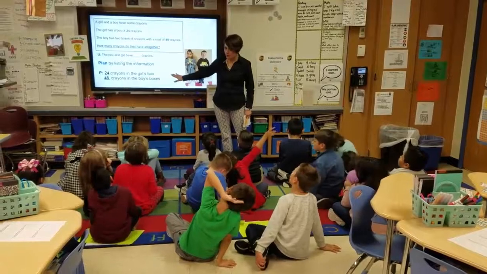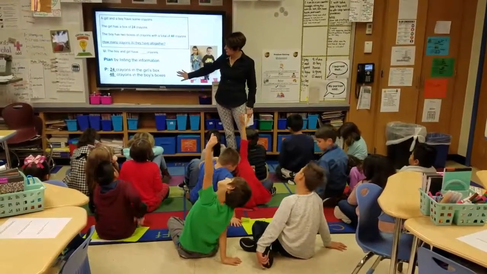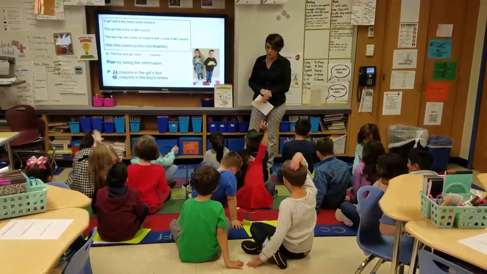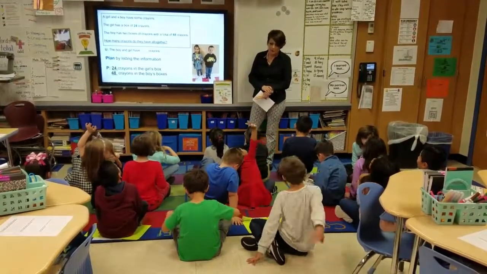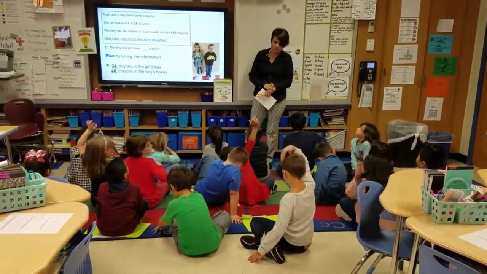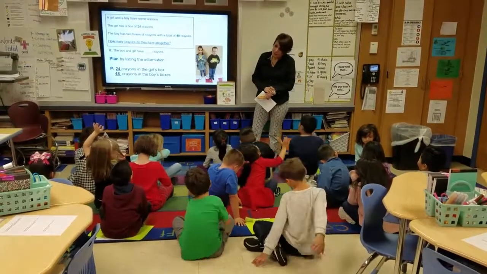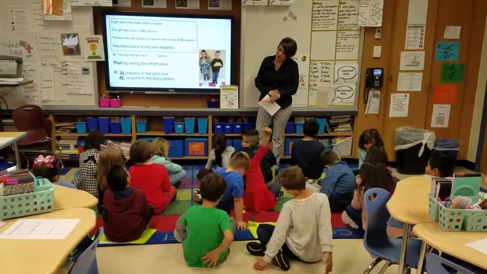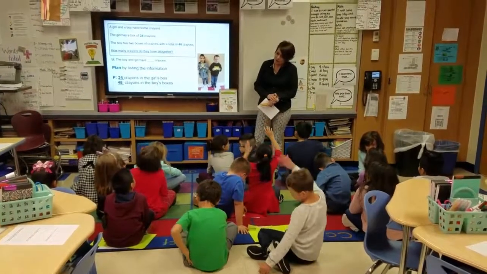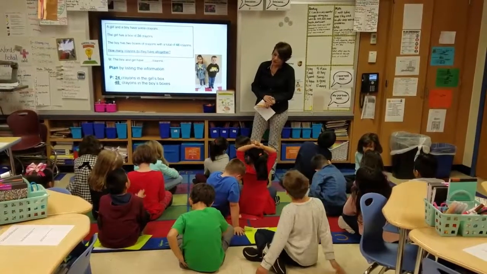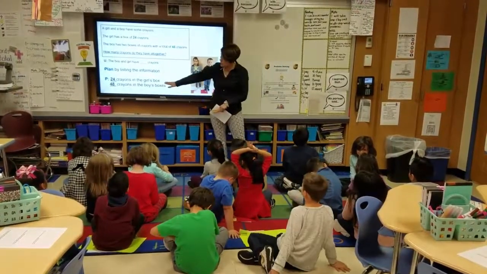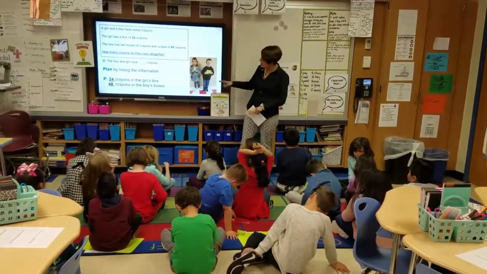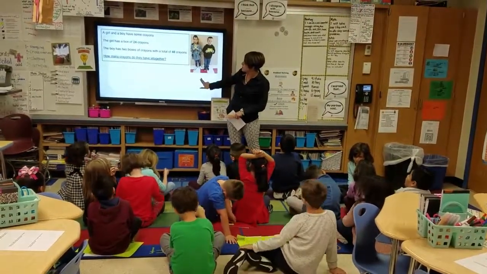What information from this word problem do I need to use to make my plan? Yeah, some more crayons and the specific numbers. You got that right, exactly. The numbers that are coming from the word problem are what we're going to need to plan to use.